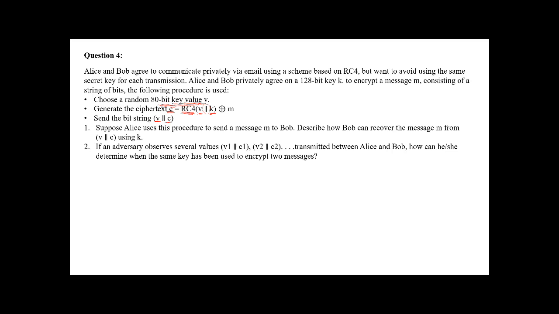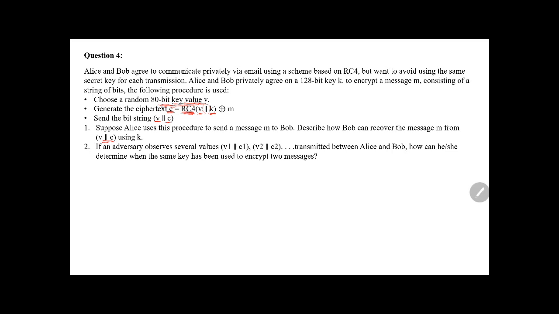So now let's think of what Bob would do. What does Bob have now? So Bob has the key K, which is the key shared between him and Alice, the one she used here to do the RC4. And he has this V concatenated with C, and he knows that the value V is 80 bits.